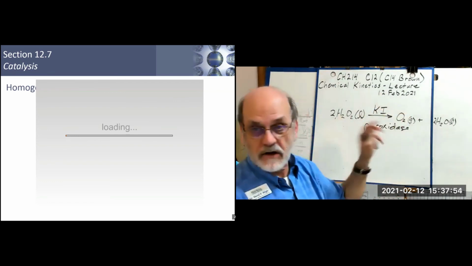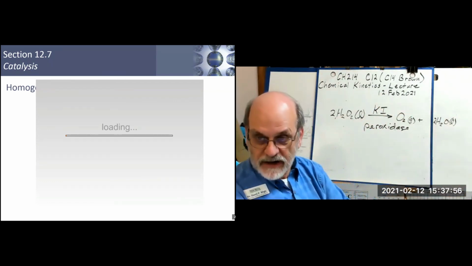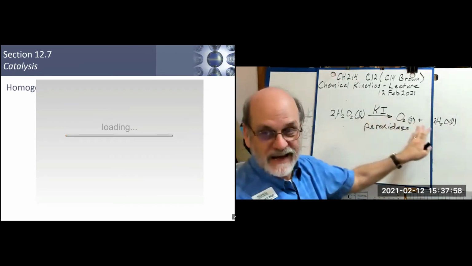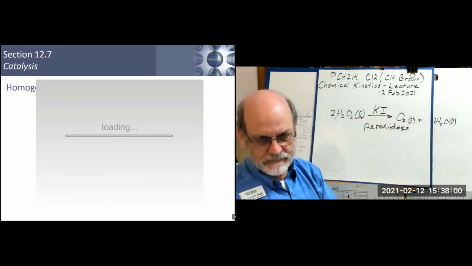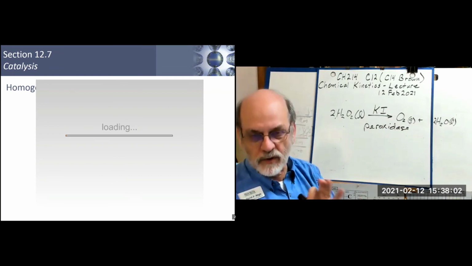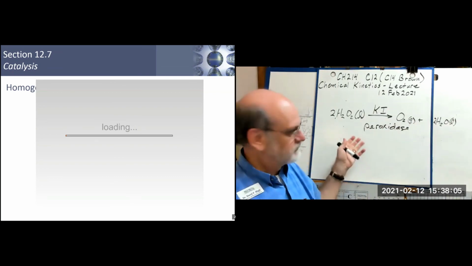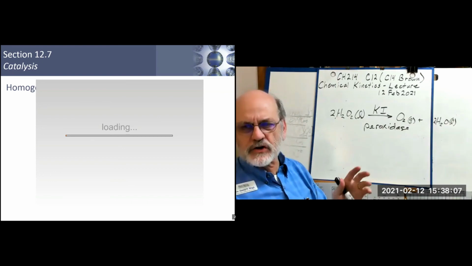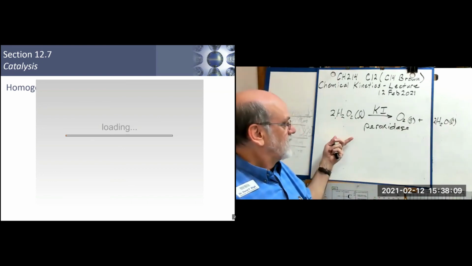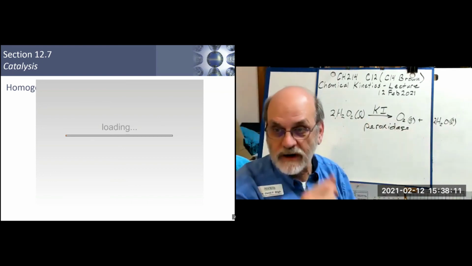It goes in one end, comes out the other unchanged. But it does provide for an alternate mechanism, which I can't remember right now how that is. But I think it's 2 steps. And it makes that reaction happen really fast.